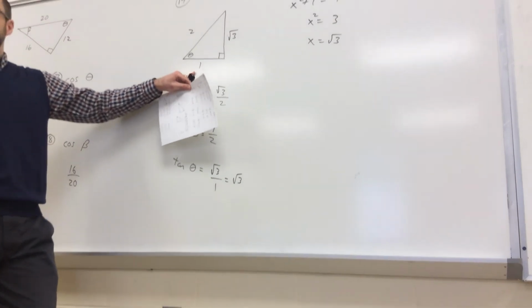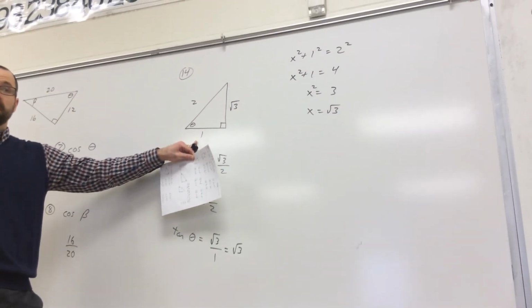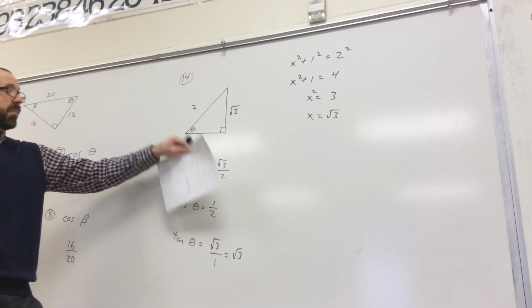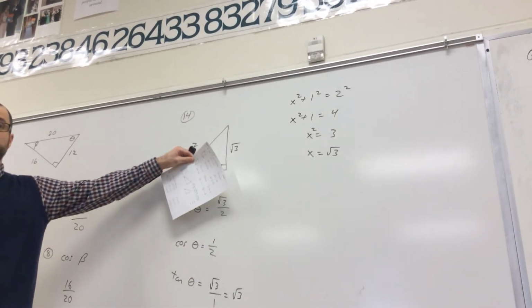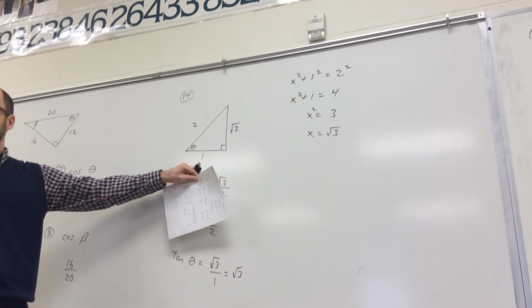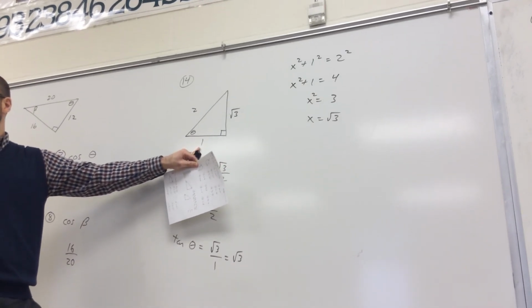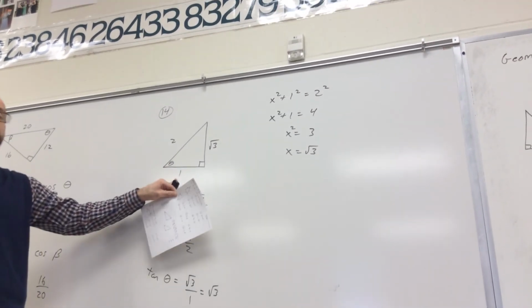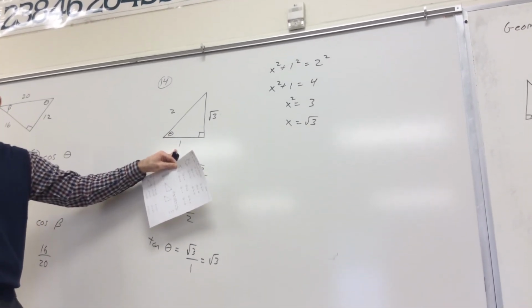Does anybody recognize this triangle? The hypotenuse is twice as big as this. And this is this times the square root of 3.